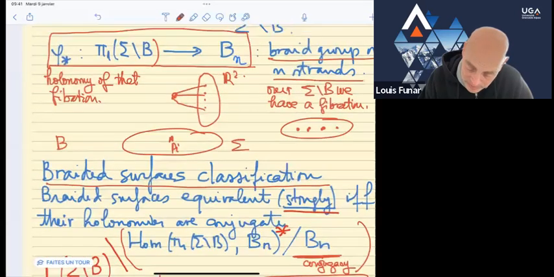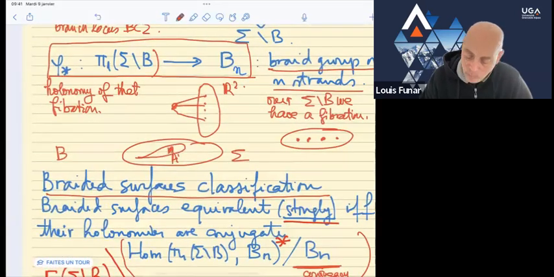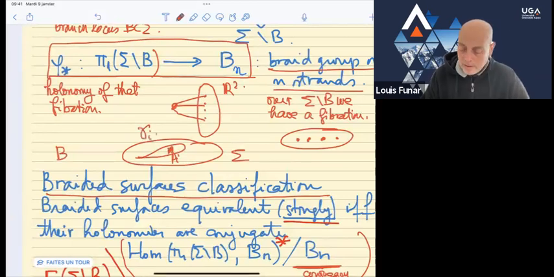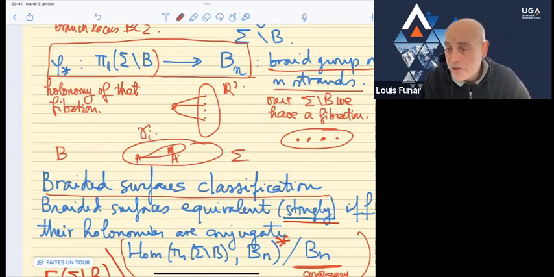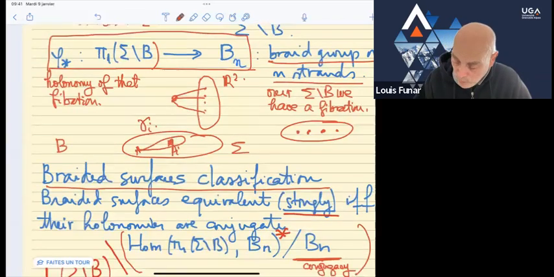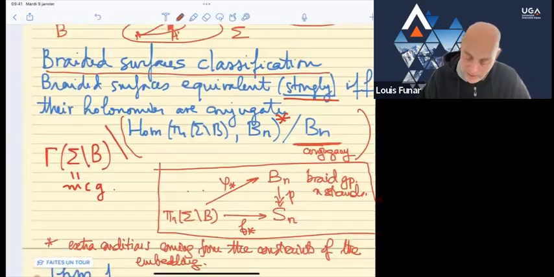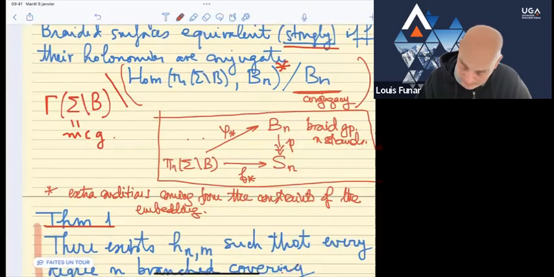So these branch points have, let's say, gamma i is such a curve. Here is the base point. The holonomy of gamma i has to be restricted depending on the problem we are considering. And I will say a little bit more later.